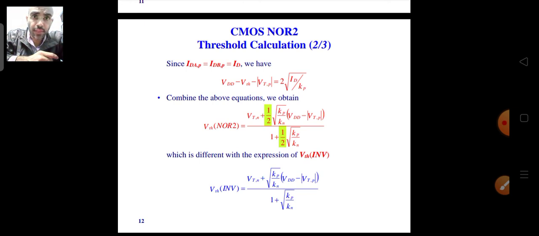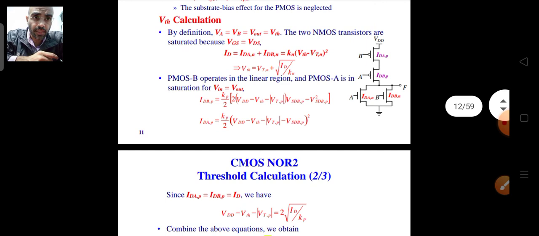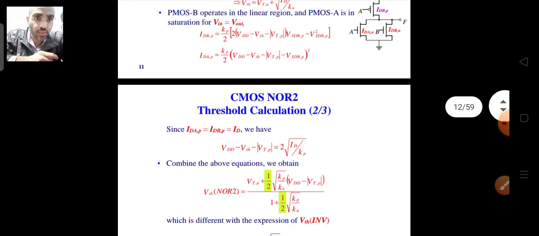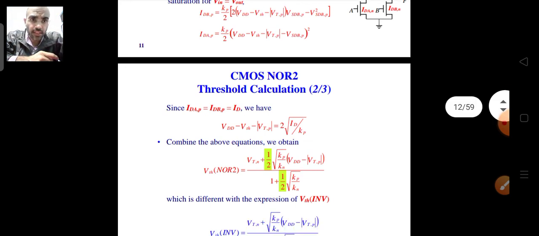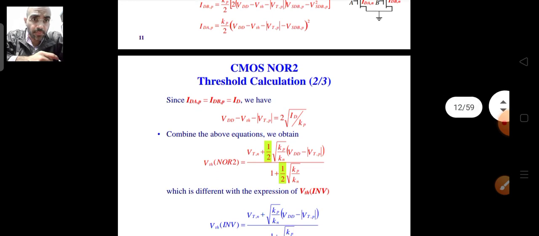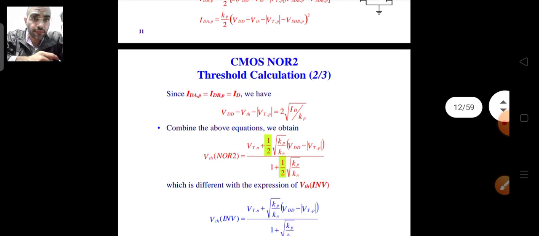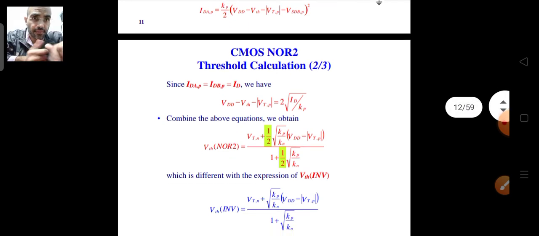And similarly, whatever current is coming in this node is getting divided into this IDB and IDN. If you write the equations of these two transistors as well and substitute the values from the other equation of VDD and VTH, then we find that this VTH of the NOR gate comes out something like this. So you see, this equation is similar to the threshold voltage equation of your inverter.